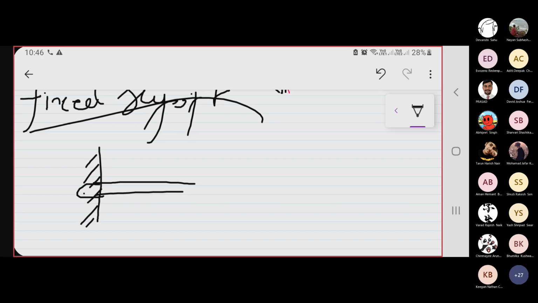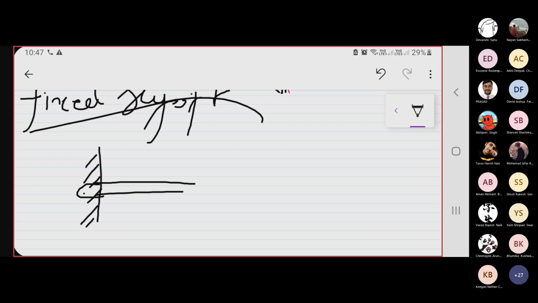You can't move the body in X direction, Y direction, or rotate it either. So this is called a built-in or fixed support. Then we have other things also, which I will explain tomorrow, like types of beams, then types of loading.